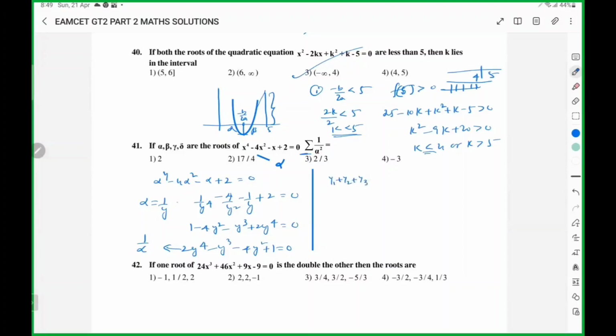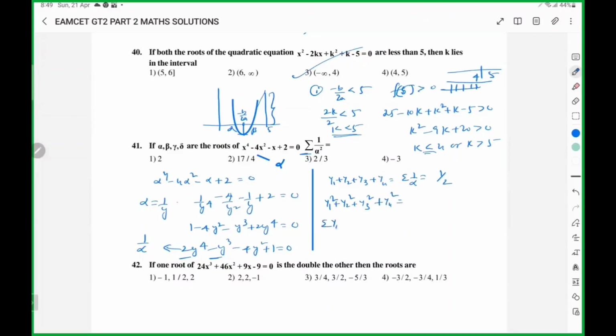y1 plus y2 plus y3 plus y4 is sigma 1 by alpha, which is minus the y cube coefficient by the y power 4 coefficient. y1 square plus y2 square plus y3 square plus y4 square is what we require.